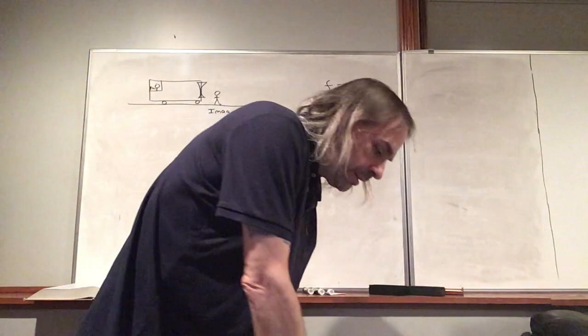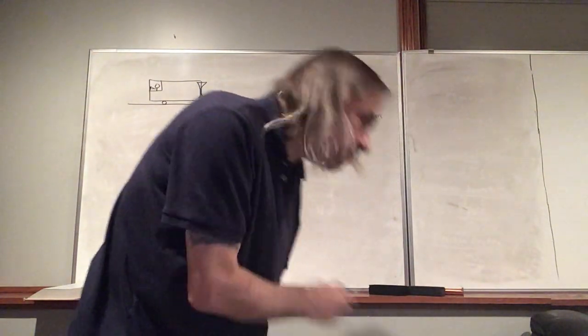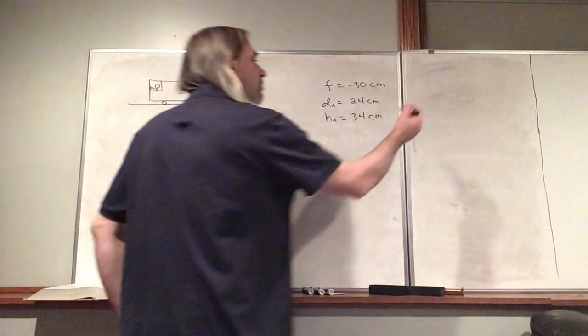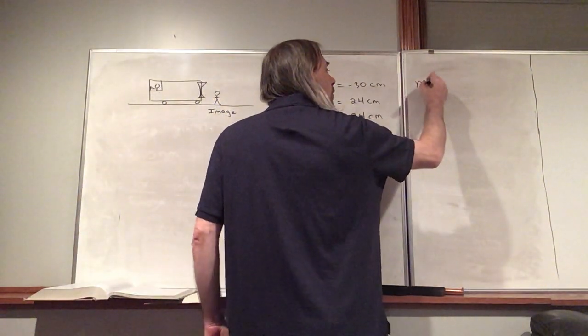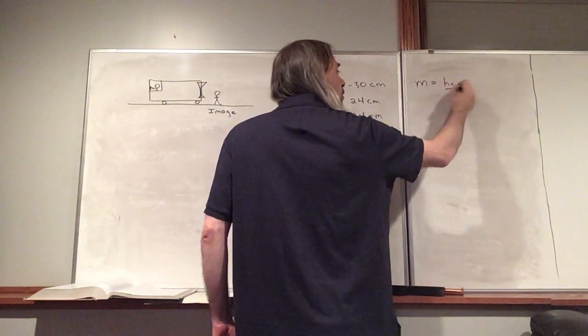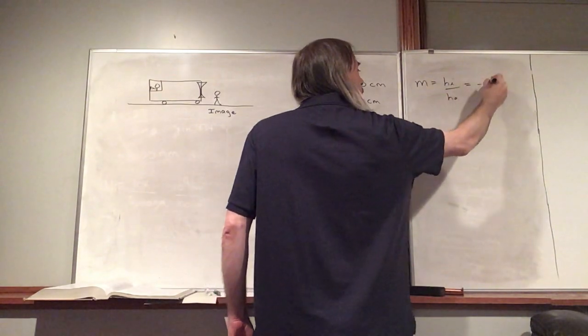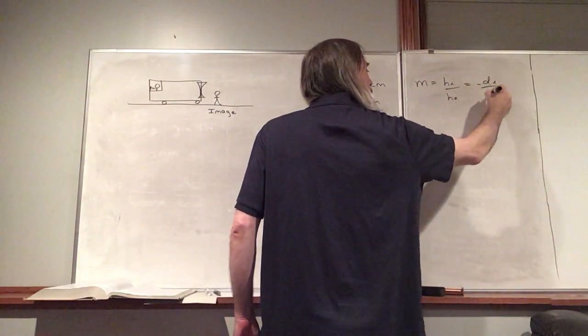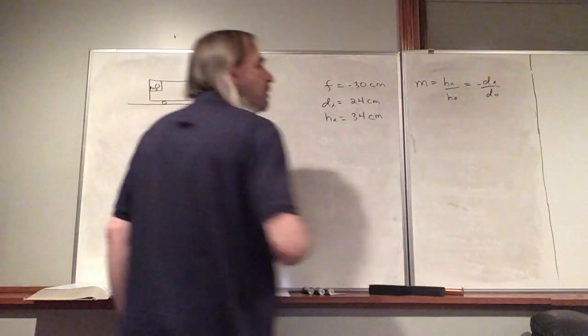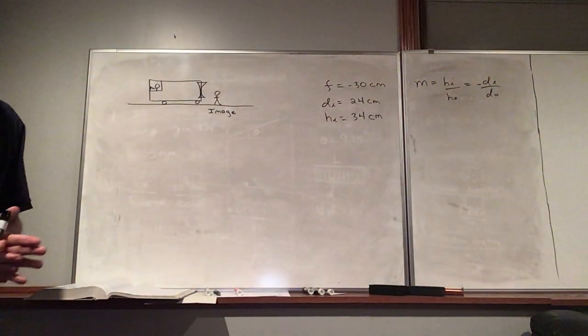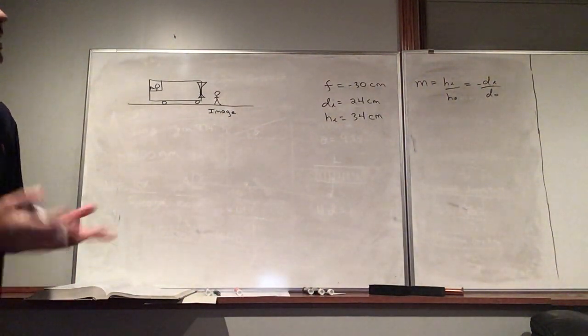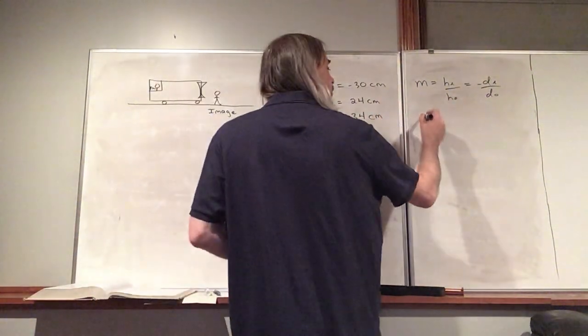And let's look at our basic equations. Okay, so magnification, HI over HO, that equals minus DI over DO.